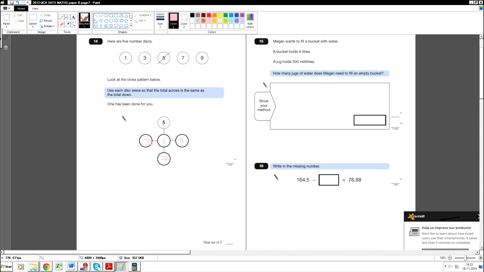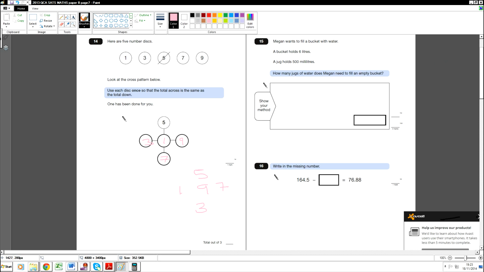Or we could have had 5 on the top, 9 underneath, 3 over here, 1 over here, and 7 over here. That will give you a total of 17 in each one. Okay? So for either of those 2 particular ones, if you got the wrong answer, put the right answer in there, please, right underneath. You've got to get them all right to get 1 mark. So if you didn't get them all right, give yourself a 0.